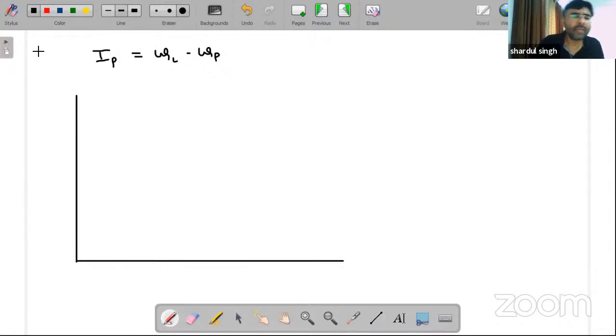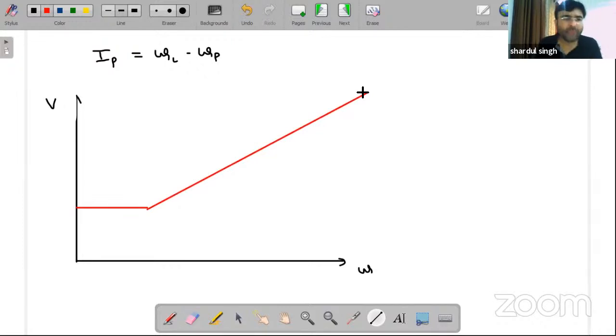You must have studied this graph during your theory sessions. It is the relationship between the volume of the soil and the water content. You must have studied the graph that looks something like this, and here you must have studied various limits.